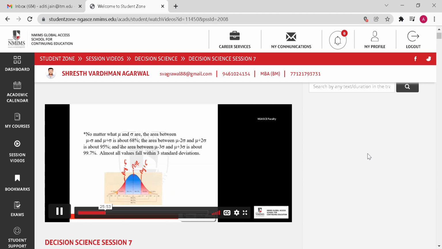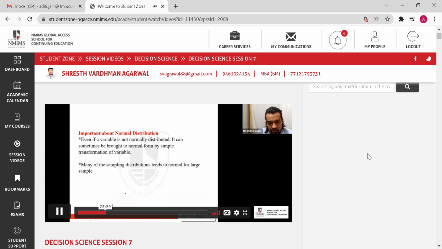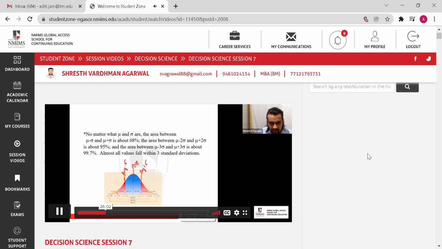So if you consider this range, scientists say that if you find that roughly 68% of people's data, the exact figure is 68.2%, falls in that particular region, and you are studying their IQ level, then it's normally distributed.